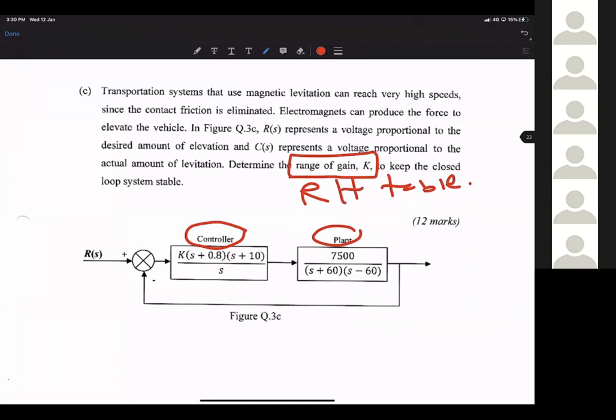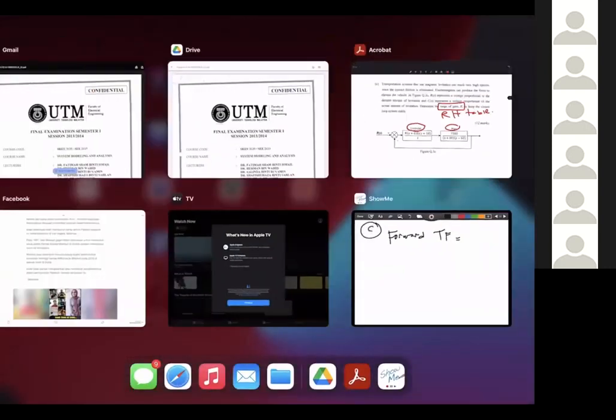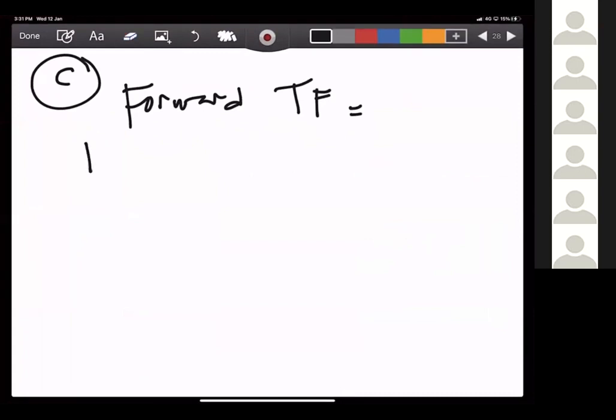Forward transfer function. Bacakan controller tu.